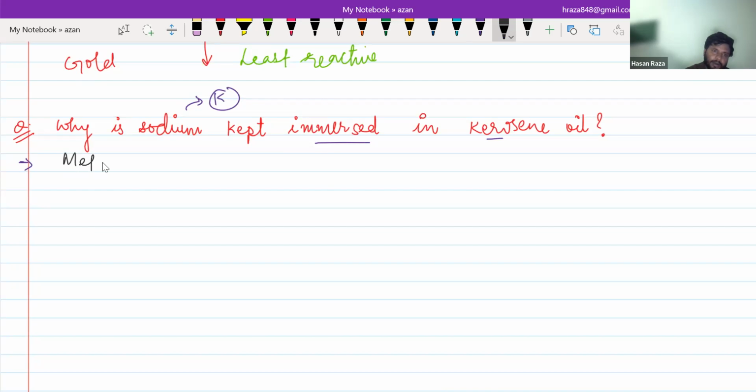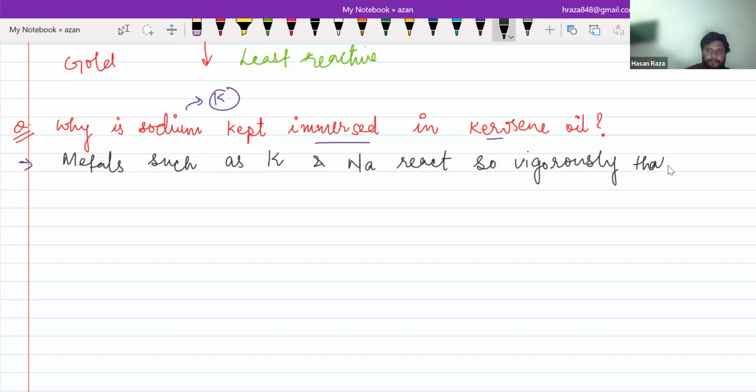So I'm going to write a point. Write with me. Metals such as potassium and sodium react so vigorously that they catch fire if kept in open air.